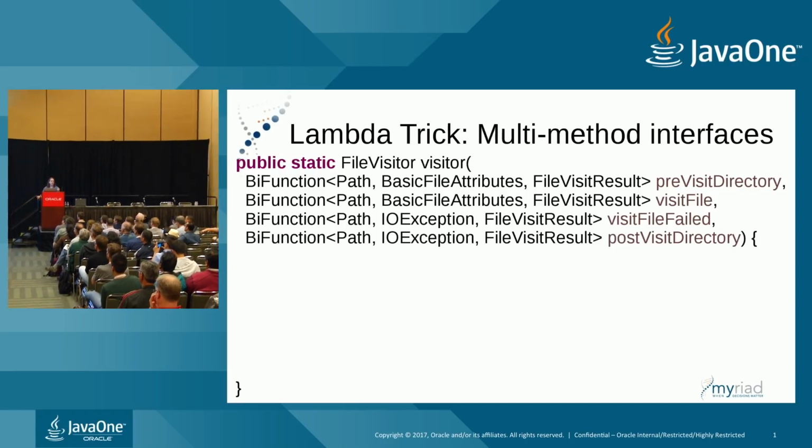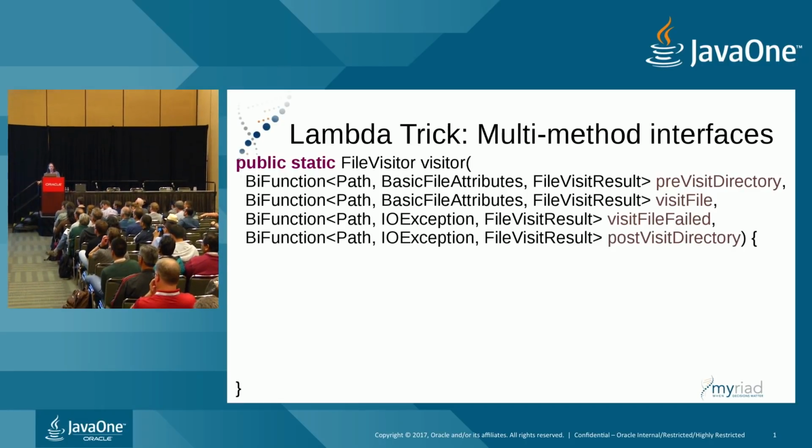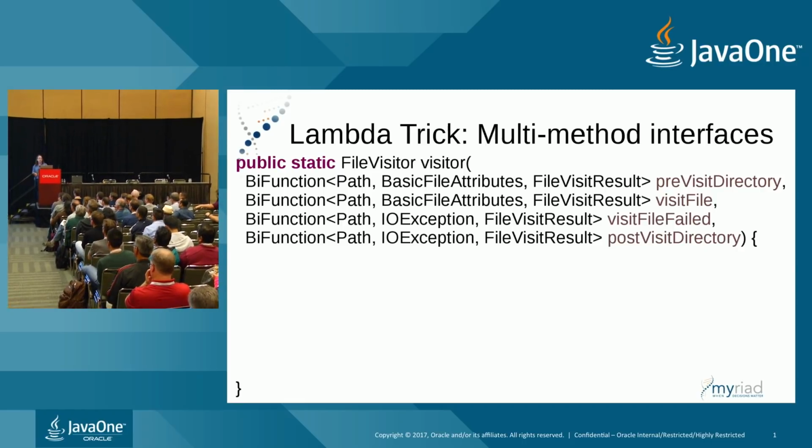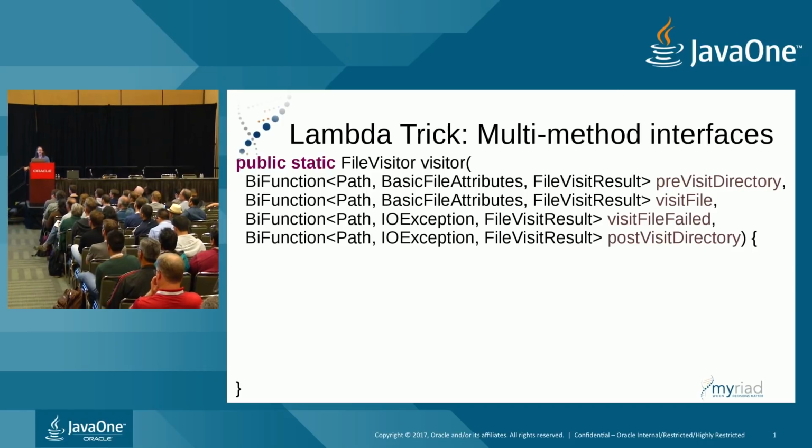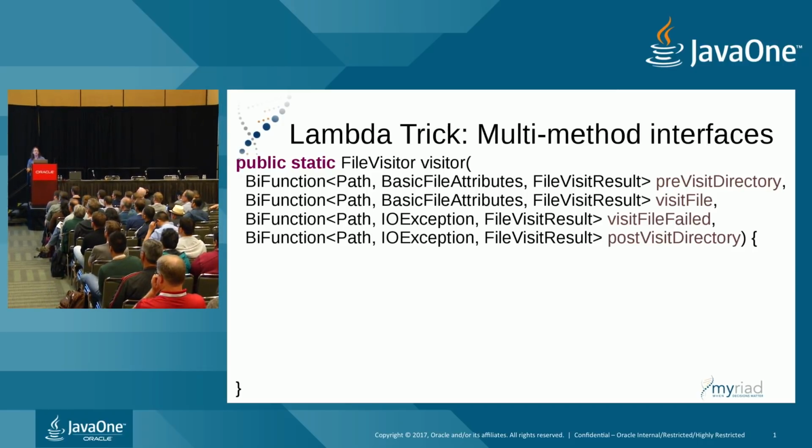There's the pre-visit directory, where I decide whether I want to recurse into the directory, then, okay, here's a file, I want to look at it. And then what do I do if I tried to look at the file and it failed, and what do I do if I tried to look at the directory and it failed? And these are all functions, because at each stage you have to return a constant indicating whether you want to keep looking at more stuff or not.